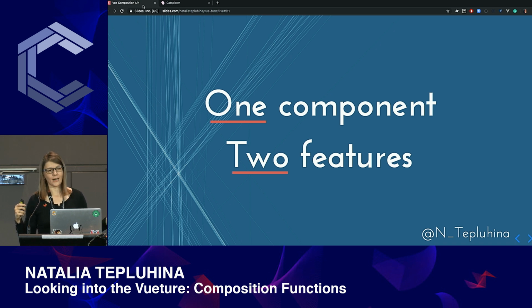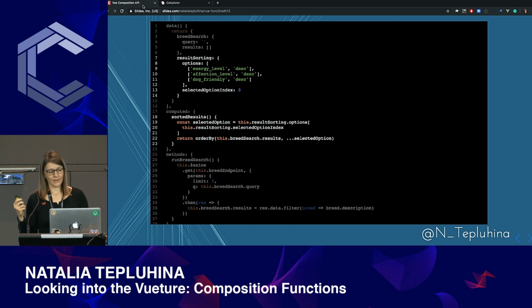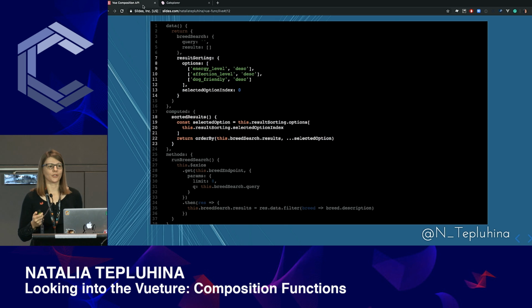Let's take a look at how it looks in a Vue component right now. Don't try to read the next slide, I will just show the structure. You read the code on the previous ones. Here are the highlighted parts for the search, and these are the highlighted parts for the sorting. With a Vue component, we have grouping by option, not by feature.